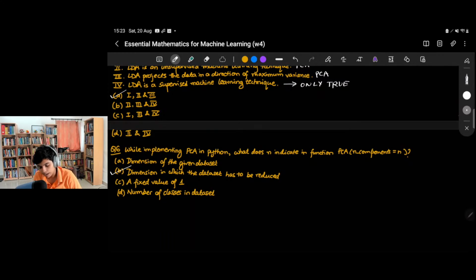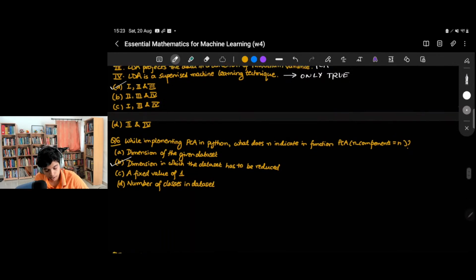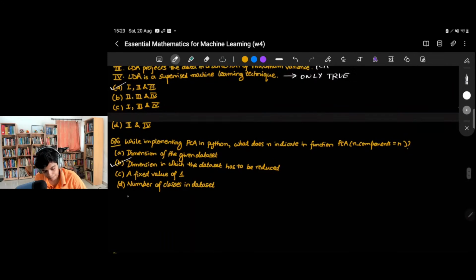So let me write down the syntax that you would use for PCA. What you would do is import PCA from the sklearn.decomposition package in Python.